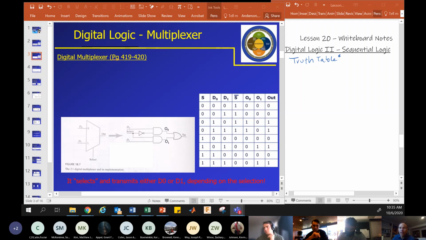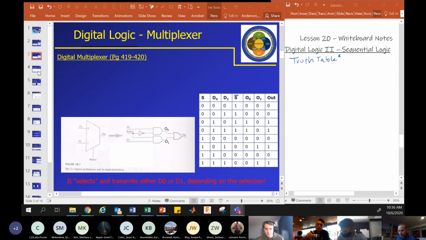Here you're selecting that you're going to take the input from one source or another source. You're not combining the 2 inputs, you're selecting between the 2 inputs. Imagine you had a trainer aircraft where there's a pilot and an instructor, and you wanted to be able to switch the controls from one person to the other, so that the aircraft responded to only one pilot at a time. You might use a system like this.